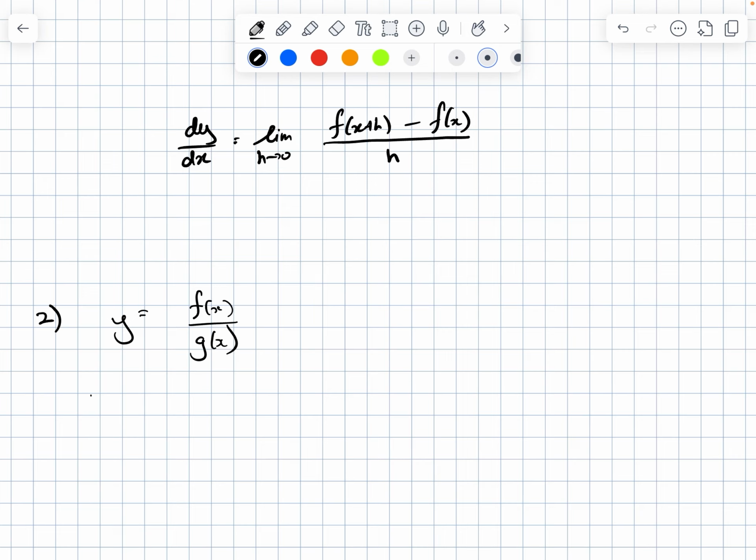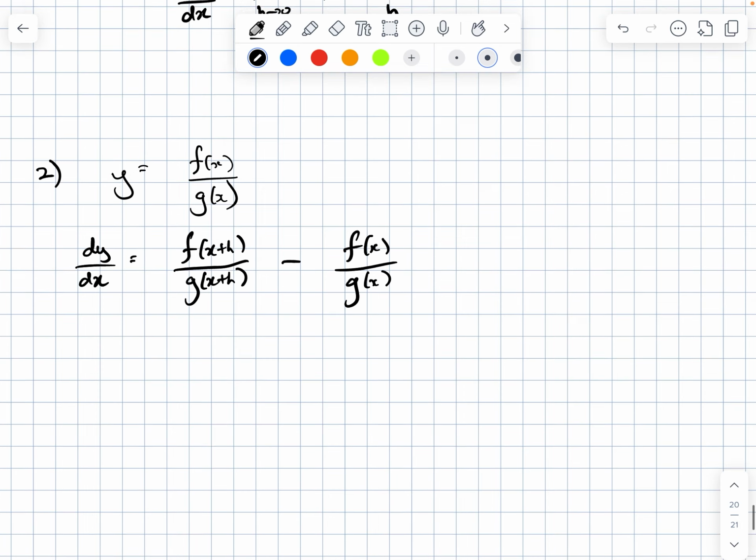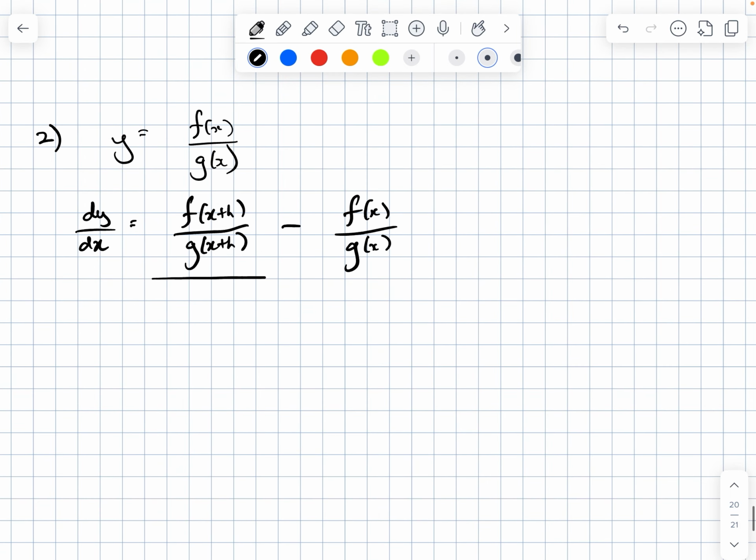So in this case, dy/dx is equal to f(x plus h) over g(x plus h) minus f(x) over g(x), all over h. Now I see fractions, so I'm going to subtract these two fractions on the numerator.